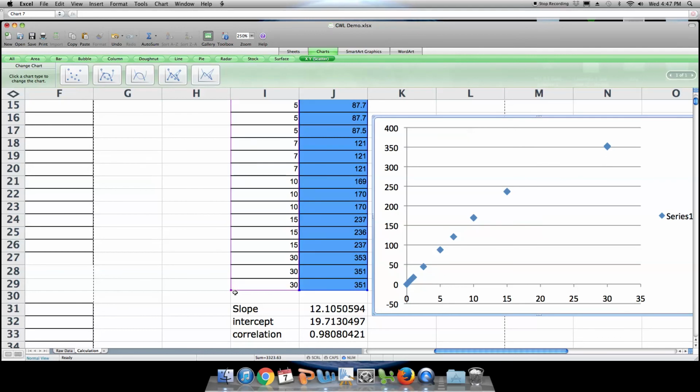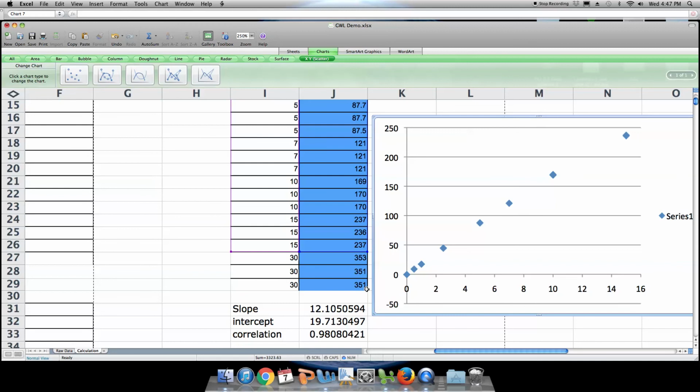So let's see what happens when we remove that 30 part per million standard from our XY plot, and it looks nice and straight. Let's see what happens when we remove it from our correlation.